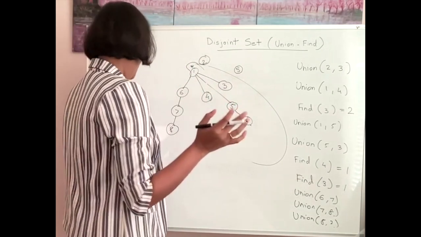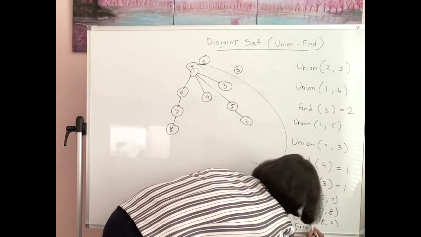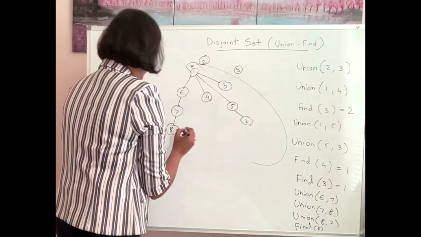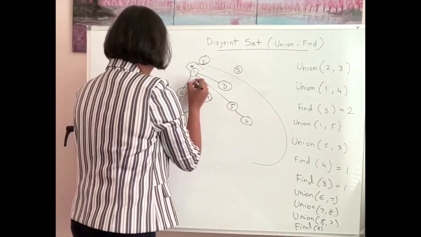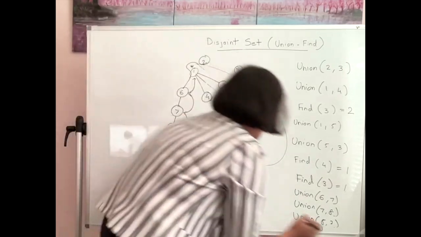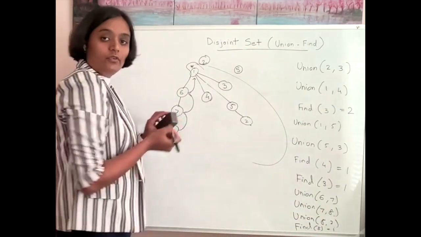And now let's say we call the operation find 8. Basically it will find its parent, then its parent, then its parent until it reaches the representative element of the set. So it would return 1. And with path compression optimization, what will it do?